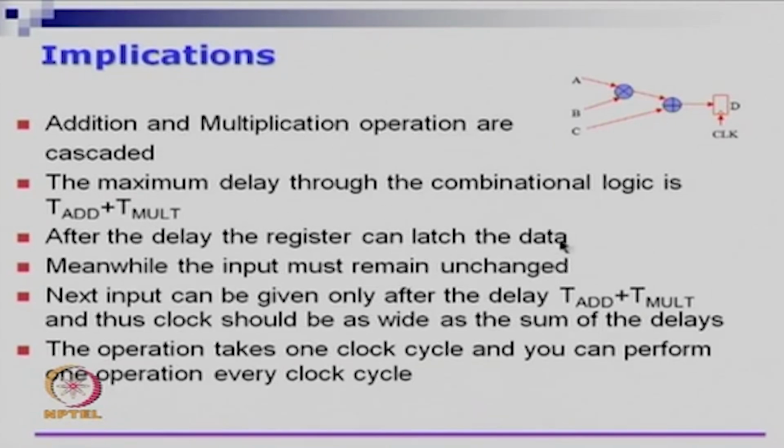After that delay, the register can actually register the data, but meanwhile you want to keep the input stable so that it will not upset this flip flop. So the next clock pulse we have to give only after T add plus T mult. Remember, we did this sequential circuit timing analysis in probably week 5, I believe. So this operation takes one cycle and you can give one set of inputs in every clock cycle. All of that is probably very clear to you.